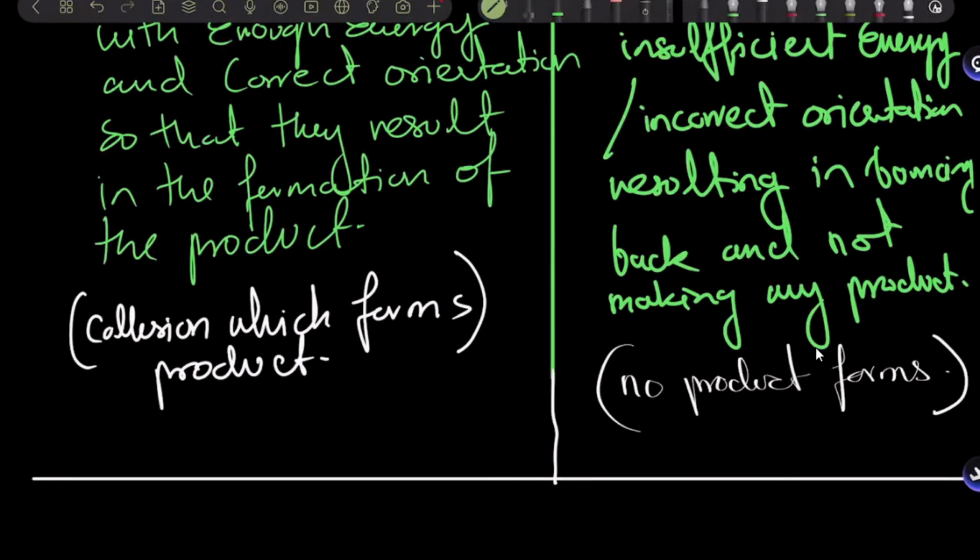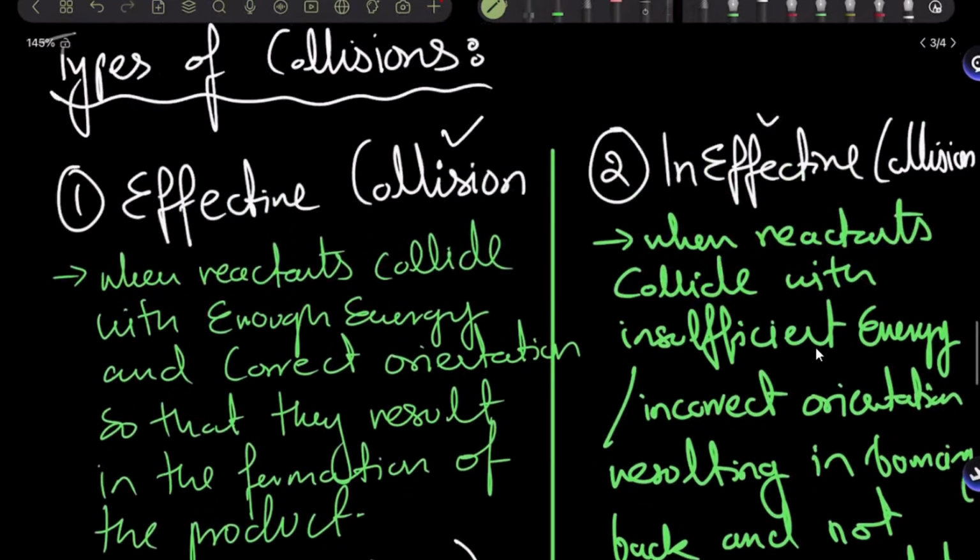So there's not a problem with the number of collisions that are going to happen. The problem is whether those collisions are effective or ineffective. Which ones do we want to happen? Effective collisions. We want the majority of the collisions to be effective so that product is formed and the reactants don't bounce back from each other, right?